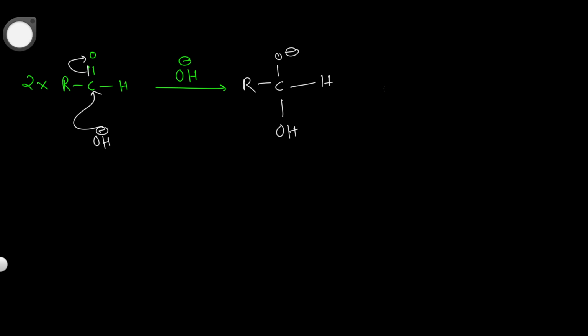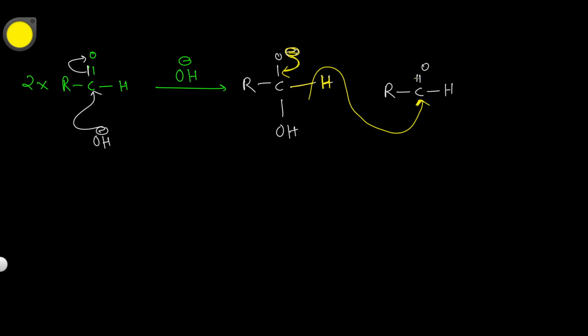Because we have taken two molecules of aldehyde in the solution, we have another molecule present outside, and because the negative charge is on the oxygen, and this negative charge wants to come back, when it comes back, this hydrogen will leave as a hydride, and it will attack on this other molecule, another substrate.